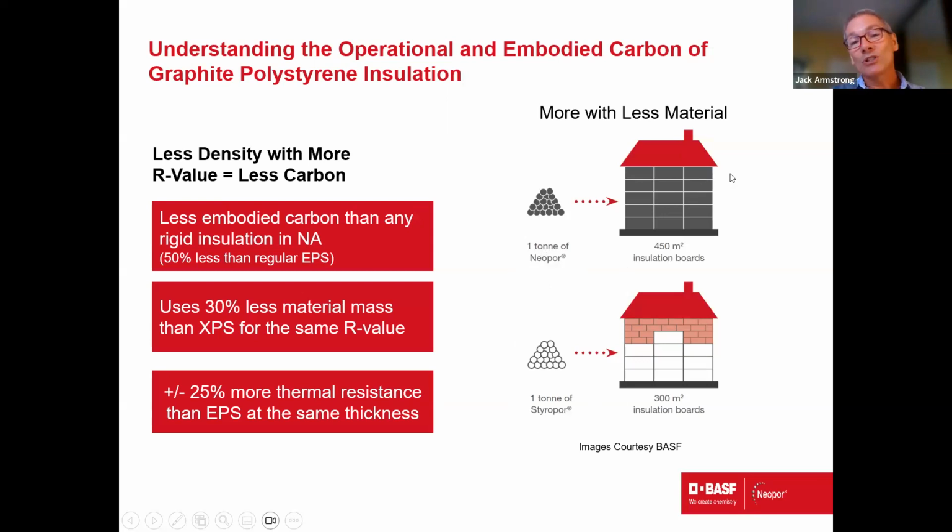So in order to insulate the building at the specific R value that you're desiring, you'd be able to do the whole building up here with this 450 square meters of rigid board GPS versus the lower R value material, which is the white EPS, wouldn't be able to finish the whole job.